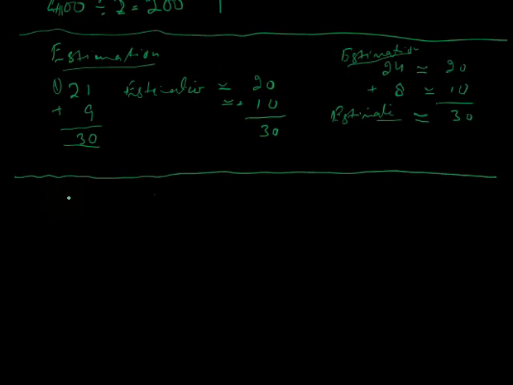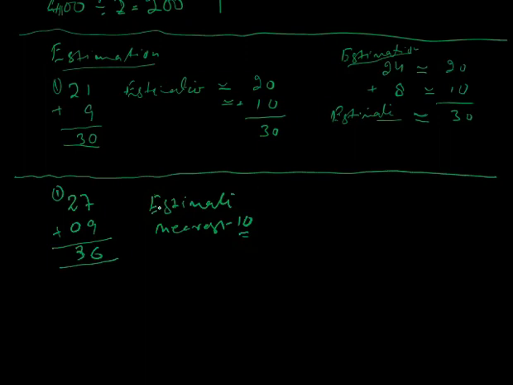Similarly, one more question I am going to do. Suppose the estimation is given and we are given 27 and we have to add 9. So 9 and 7 is 16, 6 is there and 1 is carry, 2 and 1 is 3. So it is 36 if we add these two numbers. But when we estimate to the nearest 10, 27 can be estimated as 30 and the 9 can be estimated as 10.